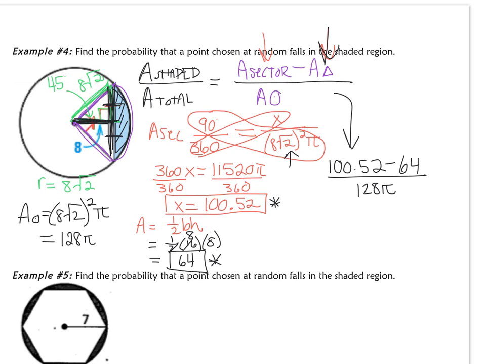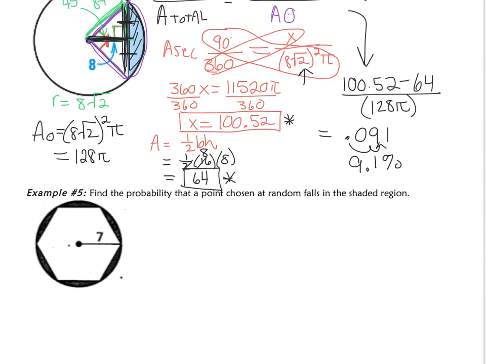If I take my calculator and divide that, some of your calculators will automatically put this in as a fraction, some don't, so you do have to put the parentheses around the 128 and the pi, and we get an answer of 0.091, which as a percentage, if I move the decimal over twice, is 9.1%. Now it should make sense that that probability is very low because compared to the whole shape, that shaded region is very small.